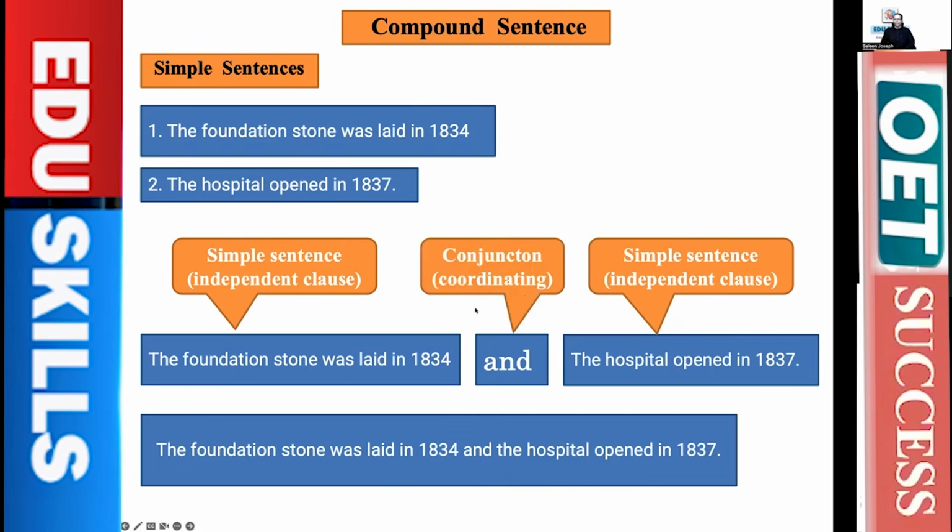Now, conjunction, coordinating conjunction. Conjunction means, as the word sounds, it is a connector. So a compound sentence is made out of two simple sentences, known as independent clauses, and those two simple sentences are connected with a conjunction. And then you have a compound sentence.